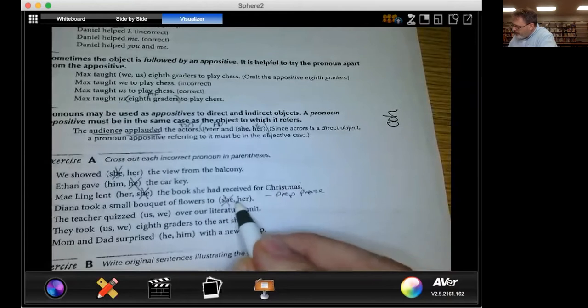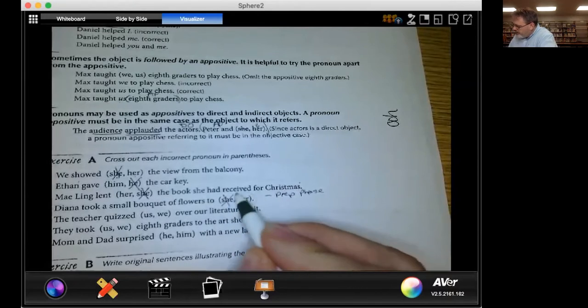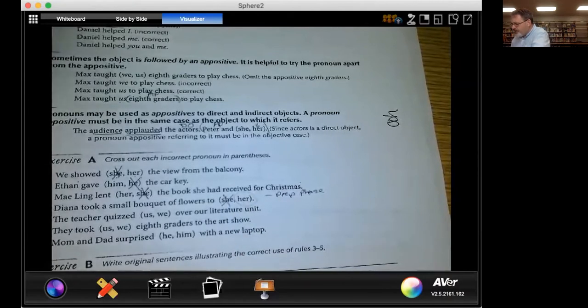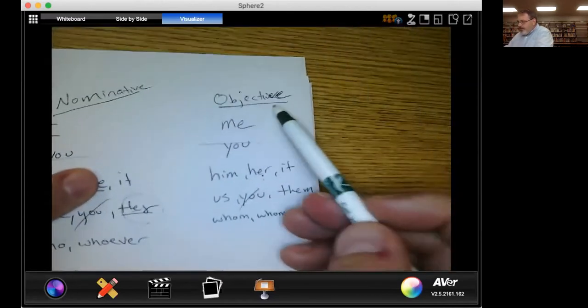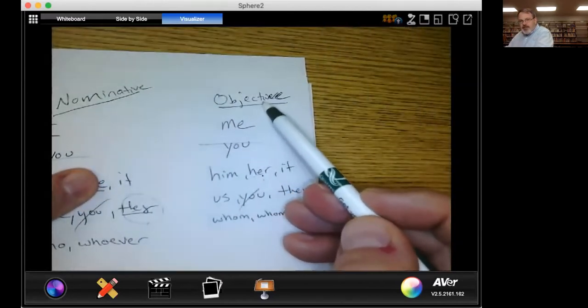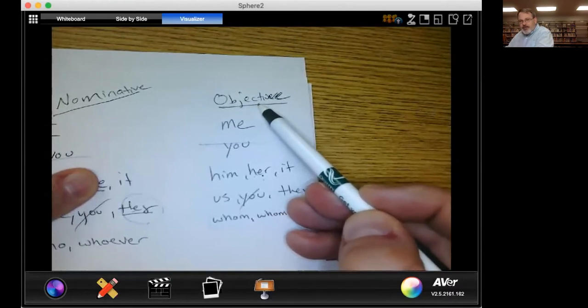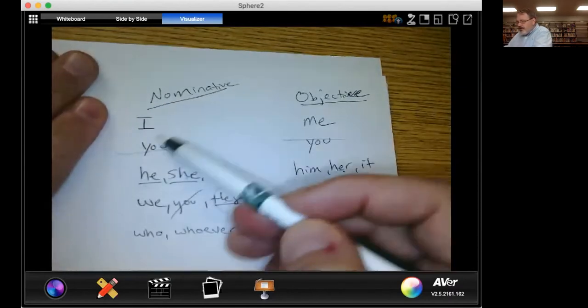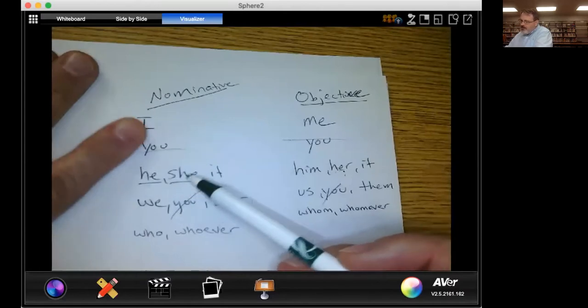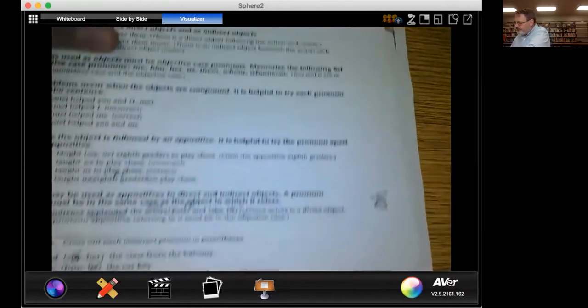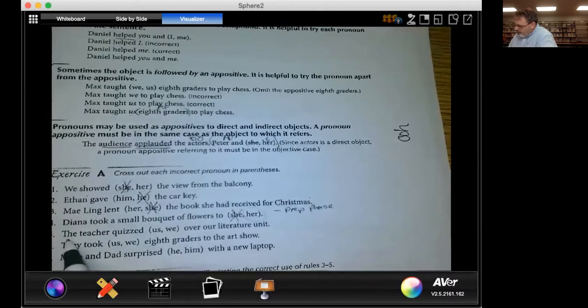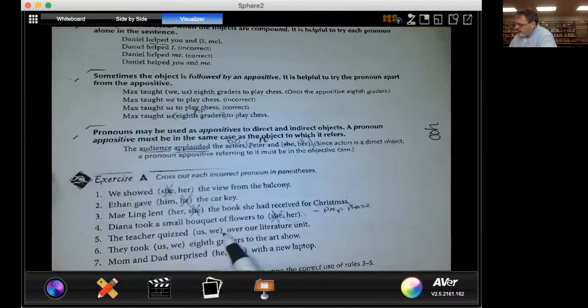And that means that this particular pronoun is being used as the object of the preposition. Object of the preposition. Objective case pronoun. So if you've got a pronoun that's being used as the object of a preposition, you don't use to she. No, not to she, to her. The teacher quizzed us or we over our literature unit.